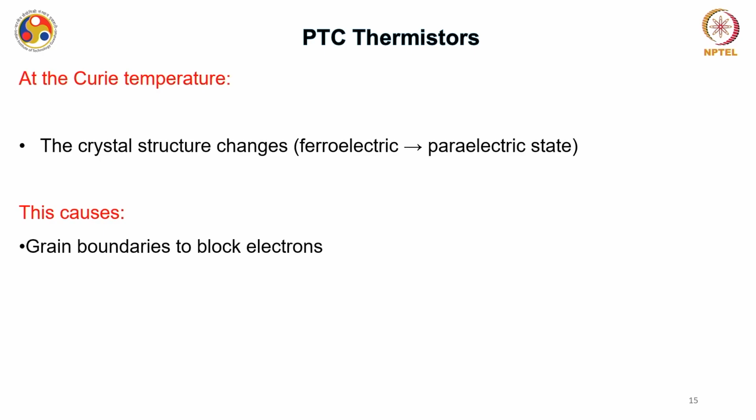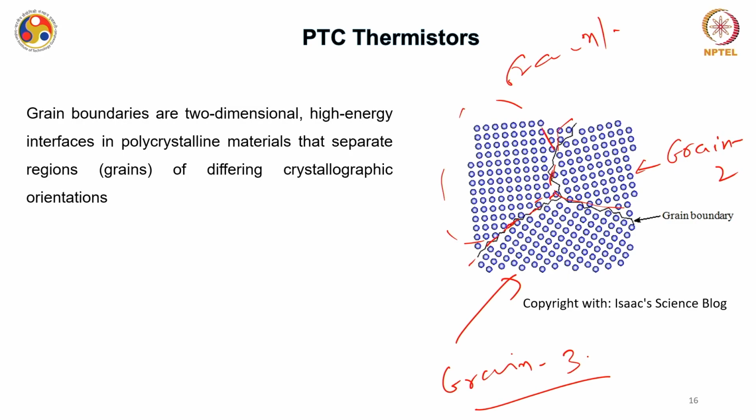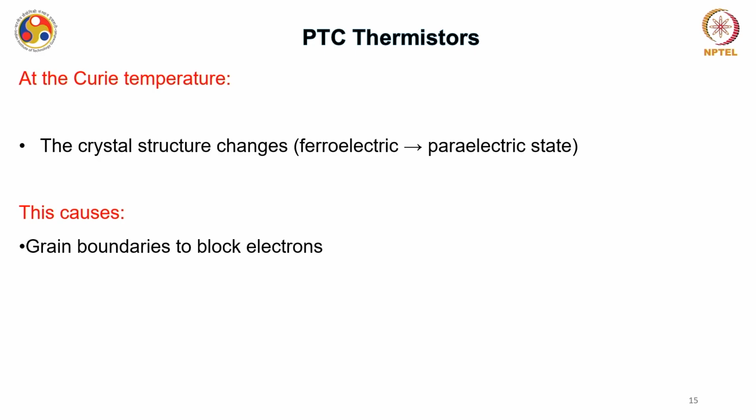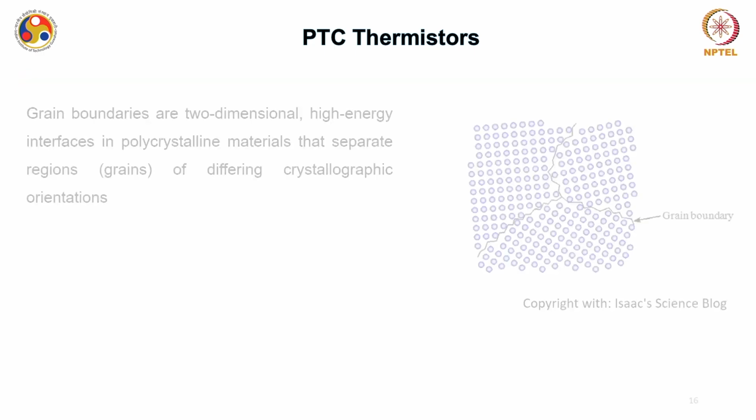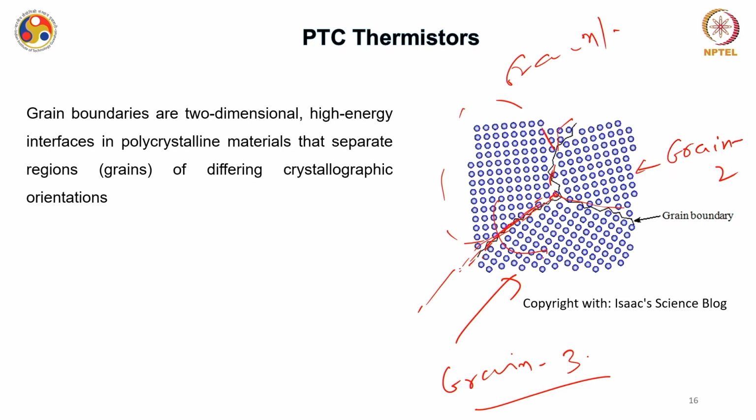that at the Curie temperature in this kind of PTC thermistors, the crystal structure changes from ferroelectric to paraelectric state, and this causes grain boundaries basically to block electrons. So earlier the grain boundaries were providing very little resistance to the flow of electrons, but now they are actually providing high resistance. So it is actually blocking the flow of electrons, say, from this grain to this grain.